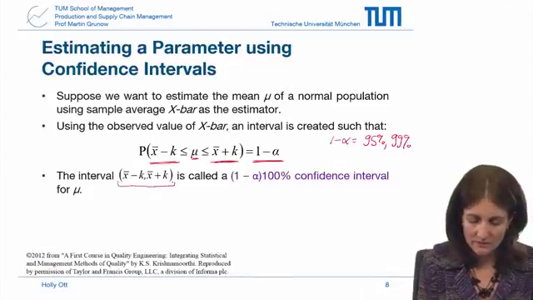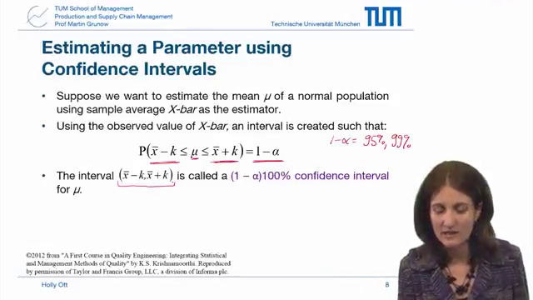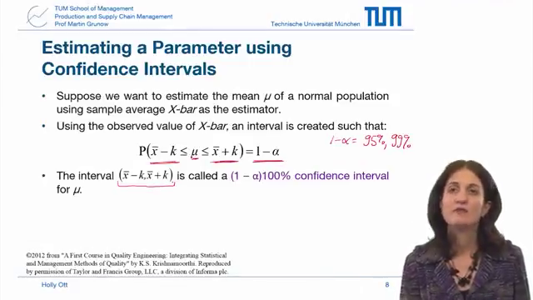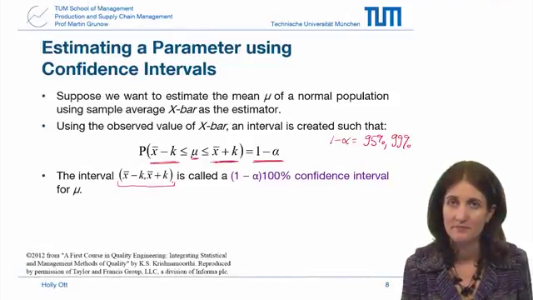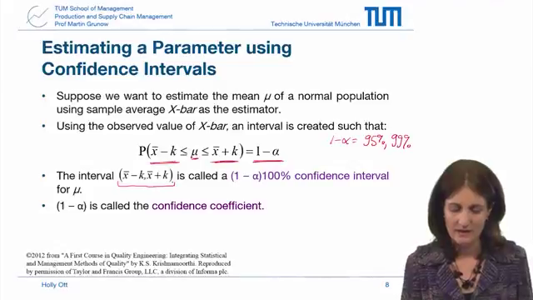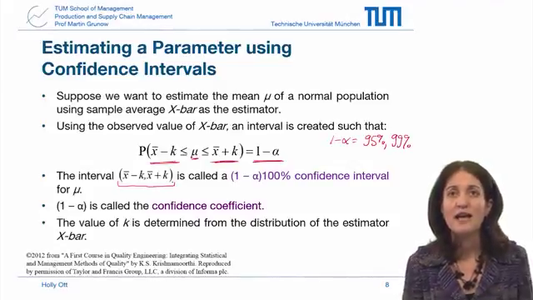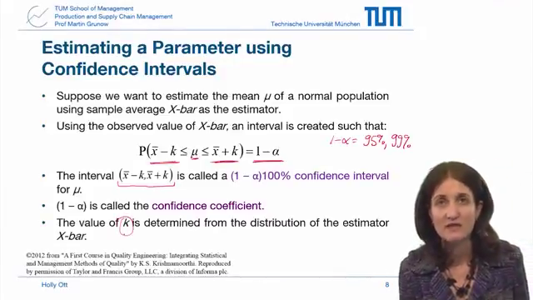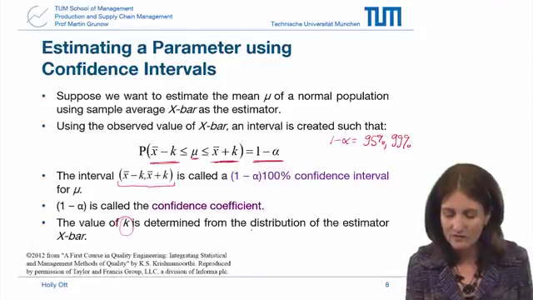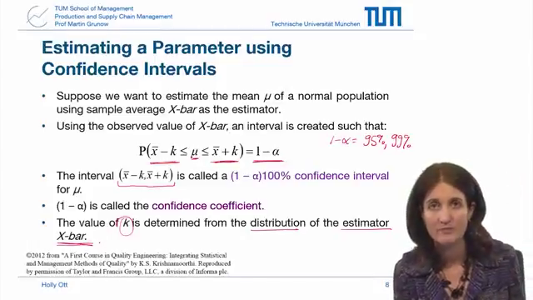This interval, x bar plus or minus k, a constant, is called a 1 minus alpha percent confidence interval for the mean. 1 minus alpha we call the confidence coefficient, and of course k, this is what we're interested in. K is determining the size of the interval. This is determined from the distribution of the estimator x bar, which we know.